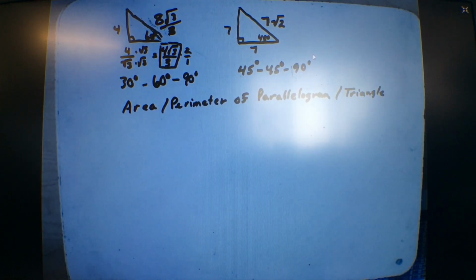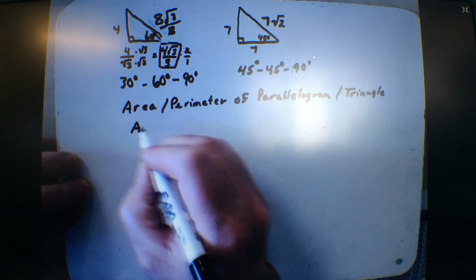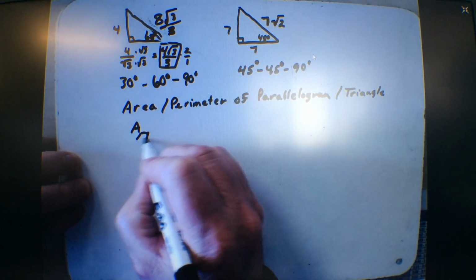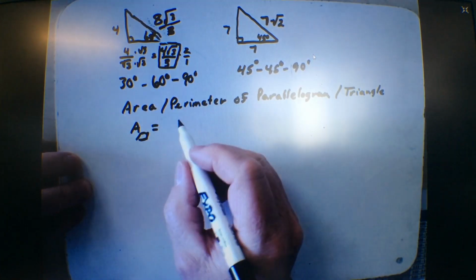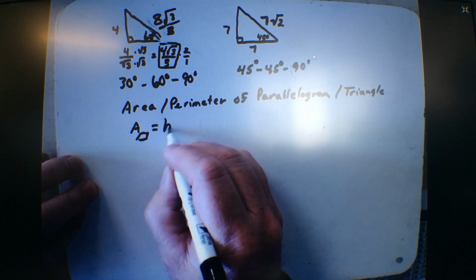I think most of you can tell me the perimeter is just around it, correct? And the area is how much, per square whatever, is inside of the figure. And what is the area of a parallelogram? It's base times height. Very good.